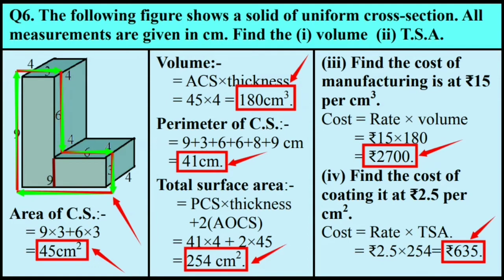The value obtained is rupees 635. So rupees 635 is the cost of coating the given solid figure.